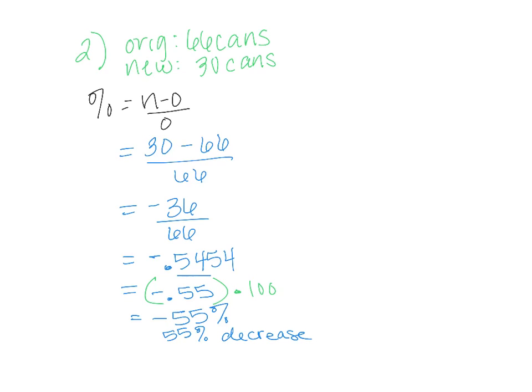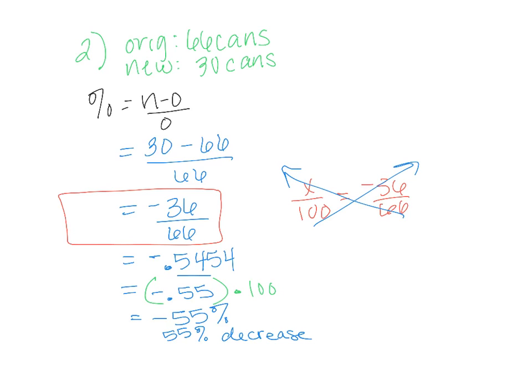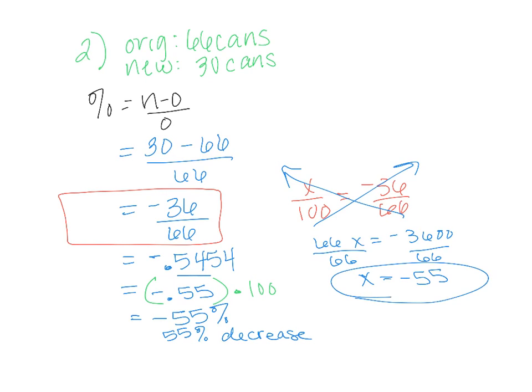But I also really want to point out that lots of you, when you got to this step, you actually had written x over 100 equals negative 36 over 66, and you decided to do that long process of cross products, and you ended up with 66x equals negative 3600, which is fine, but now you have to divide by 66, and you have bigger numbers to work with, and so you ended up with negative 55, which is fine, but this is the percent already.